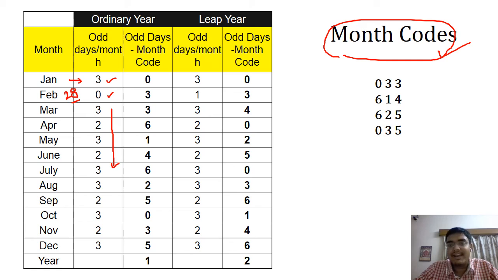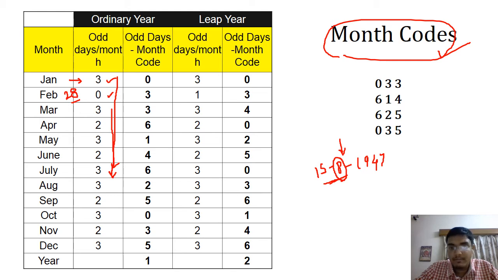Now, while calculating any day for a given date, like for example, we are calculating it for 15/8/1947, right? So here you had to calculate the number of odd days till August. So that means summation of all of them till August. There are two methods to find the month code for this.